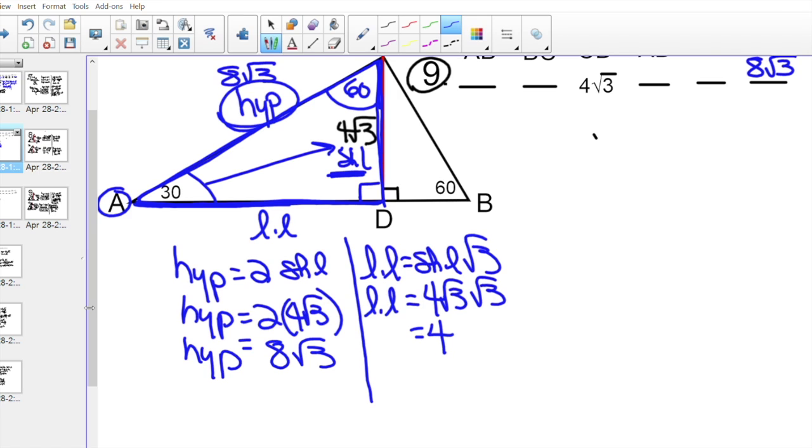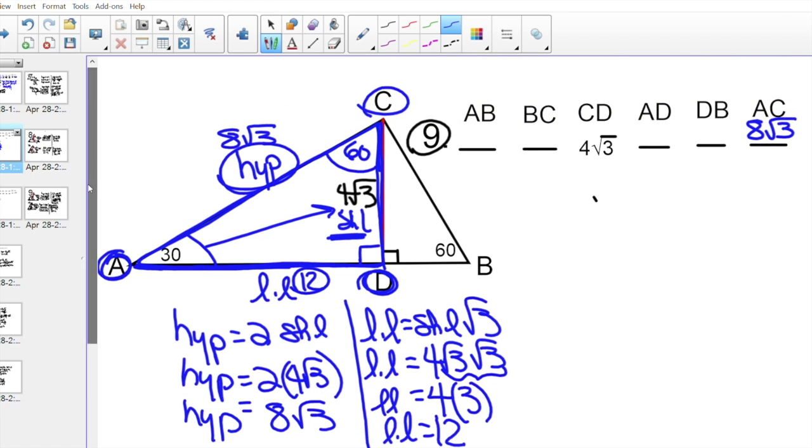That's 4 times, now the square root of 3 times the square root of 3 is 3. So the longer leg is 12. So this side is 12. Well, 12 is from A to D in the blue. And that's AD. So on your chart, where you find AD, you would put 12.